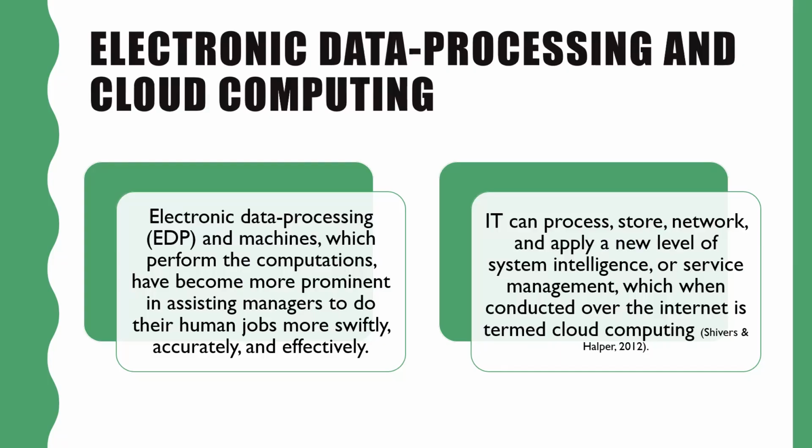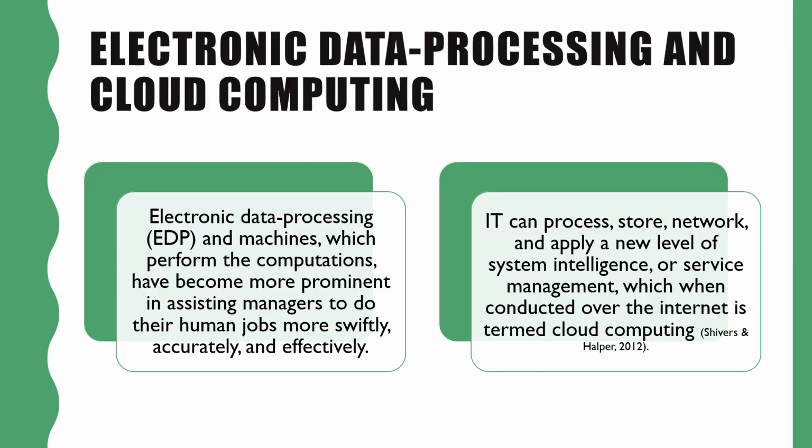So in essence, EDP is the use of automated methods to process data. EDP enables the so-called big data era, where increasingly organizations place a high value on the trends and patterns that are established through the computation and analysis of large data sets.